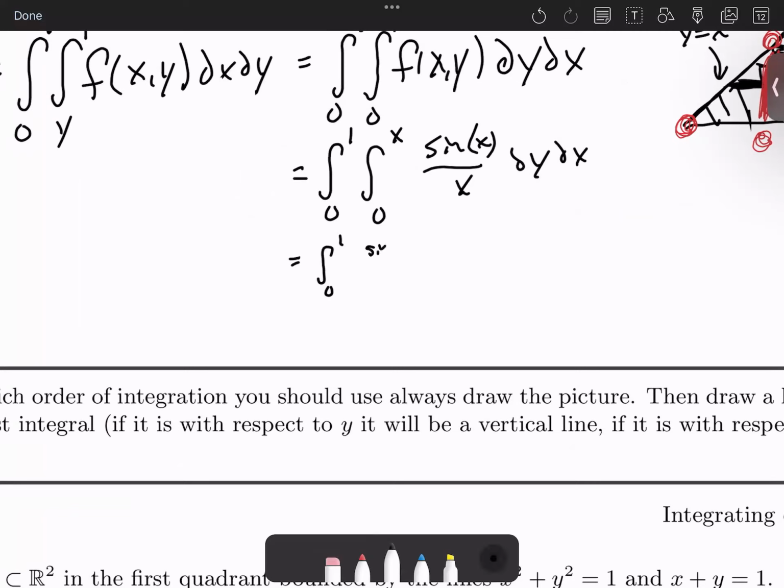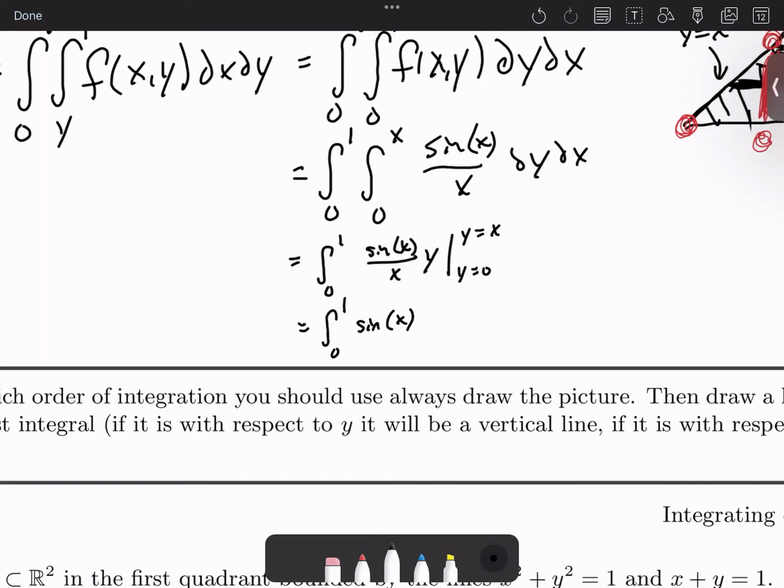So this is going to be sine of x divided by x times y evaluated from y is equal to 0 to y is equal to x.